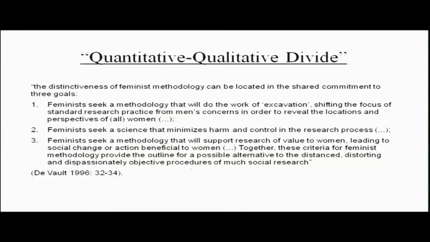And the third point, that feminists seek a methodology that will support research of value to women, leading to social change or action beneficial to women. Together, these criteria for feminist methodology provide the outline for a possible alternative to the distant, distorting and dispassionately objective procedures of mass social research.